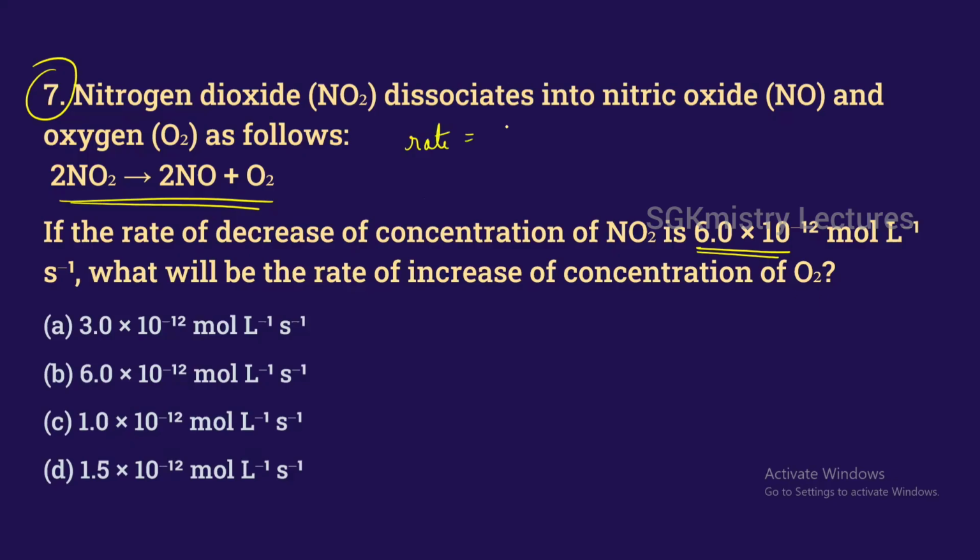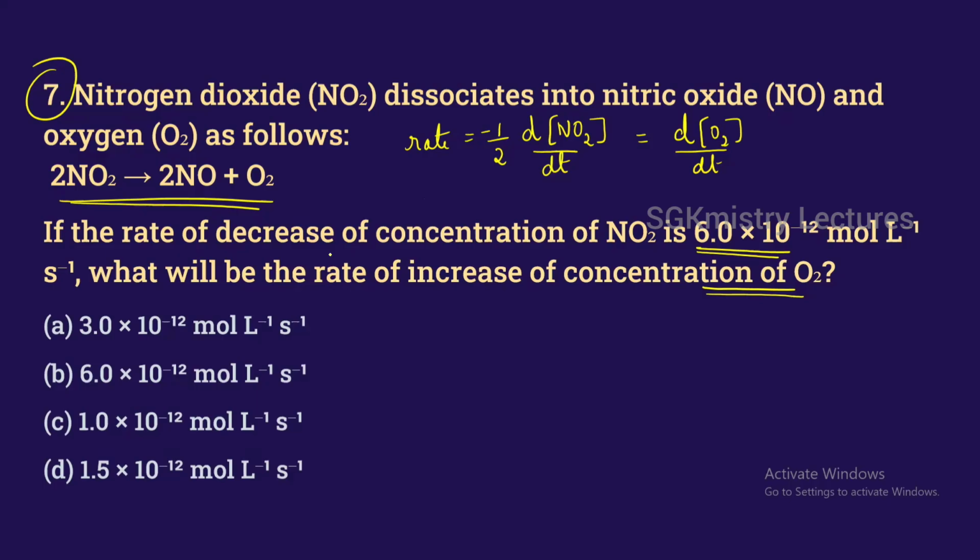So rate is equal to minus half d of NO2 by dt is equal to, since we are only concerned about oxygen, I'm going to write only for oxygen, d of O2 by dt. This is the first thing you're going to write.